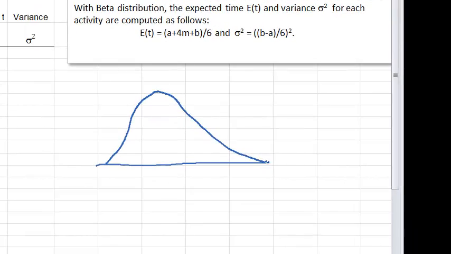Then we have the longest possible time here. So here's the A, and the peak is the M, and the right endpoint here is the B, the longest possible time. Okay, so that is your beta distribution, and we have the formulas for the expected time and the variance.